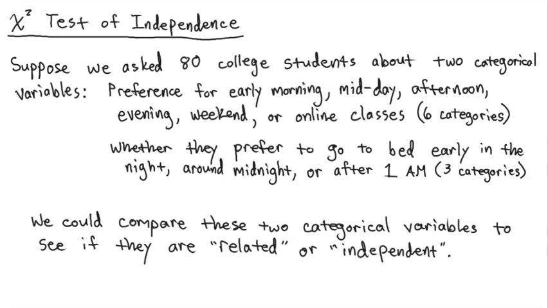We could take those 2 categorical variables to see if they are related to each other or if they are independent. If the 2 variables are related to each other, then they are not independent. But if they are independent, then they are not related to each other. So the only choices are either the 2 variables are related to each other or they are independent.